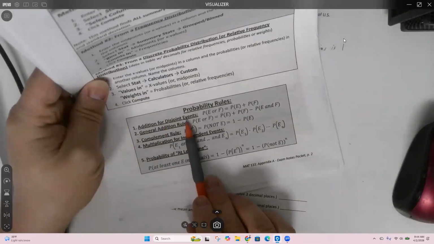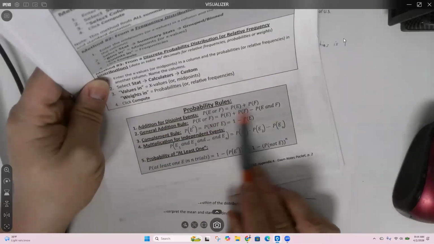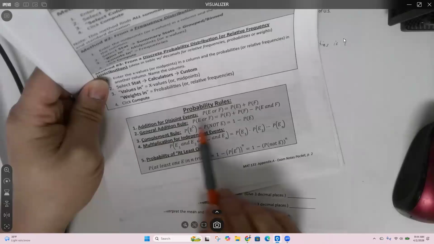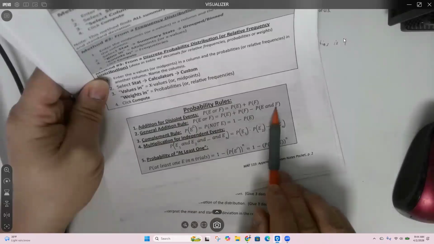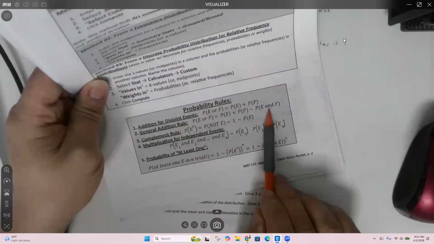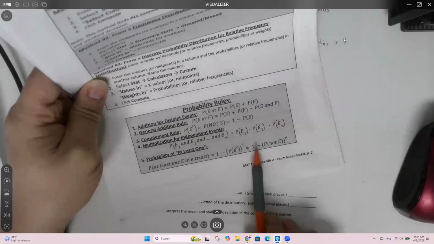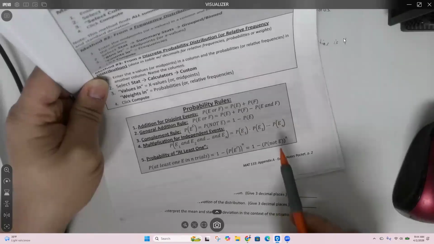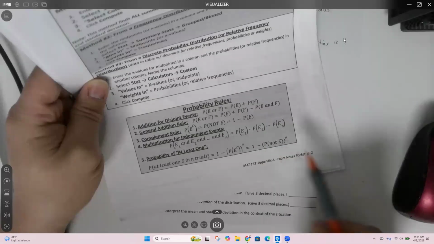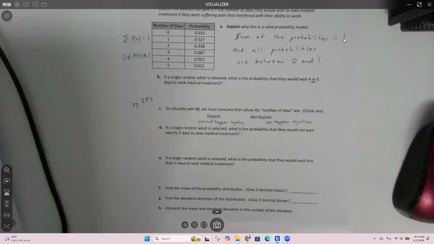So if you have disjoint events and you have an or, you just add them together. If they are not disjoint, then you add them together and you subtract where the two events both happen, the intersection, okay? Probability of at least one is kind of like two problems in one. You have to calculate the probability of not that event, and then you have to do one minus that to the power of n, right? It's crazy, okay?